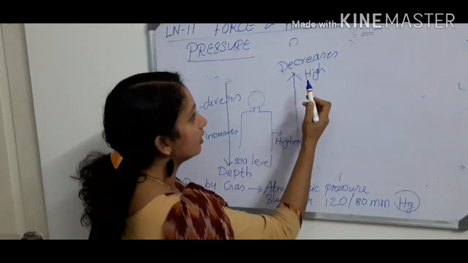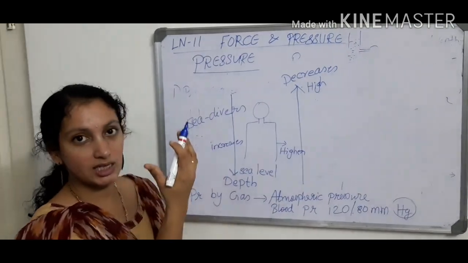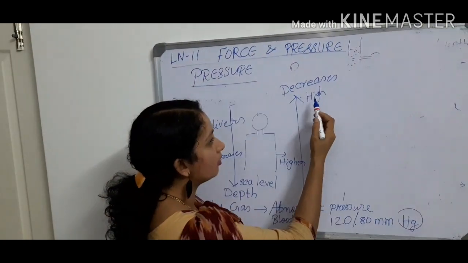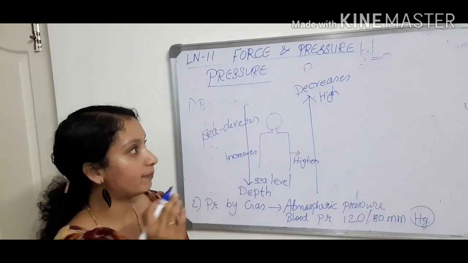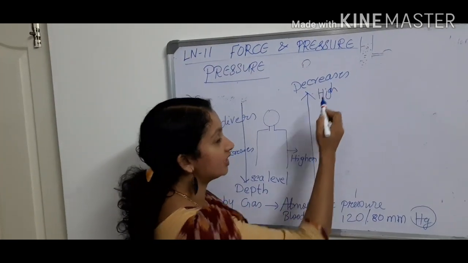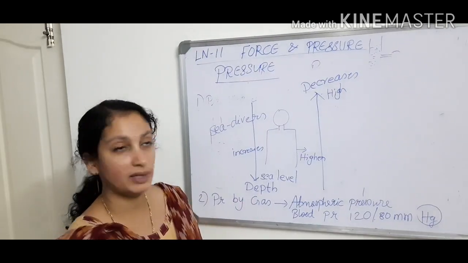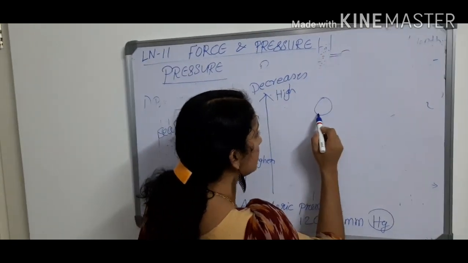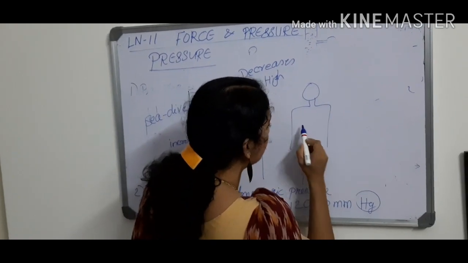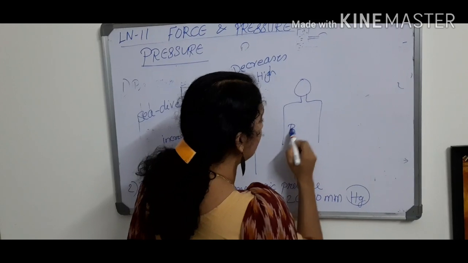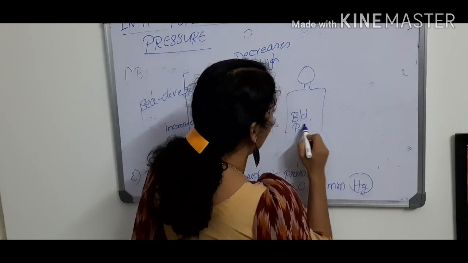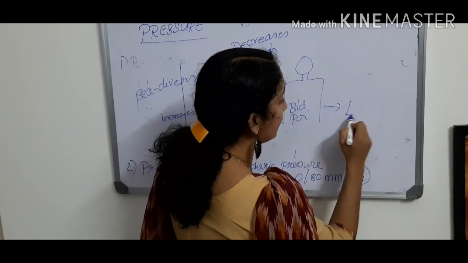The next is, once we go mountains or any hill ranges, high altitude, what happens? Here atmospheric pressure is less compared to blood pressure. So here a person is reaching, what happens? Here blood pressure is normal and outside pressure is very less.